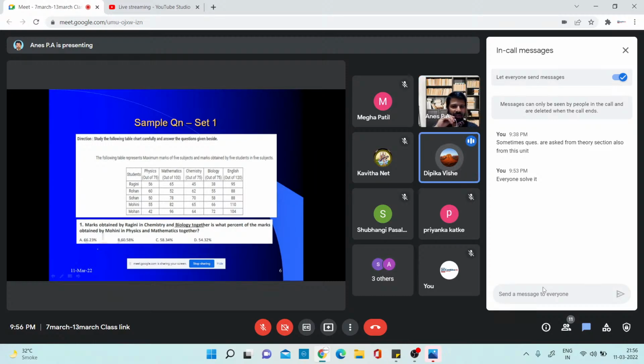Sir, please repeat the question. Okay. Marks obtained by Ragini in chemistry and biology together is what percent of the marks obtained by Mohini in physics and mathematics together?